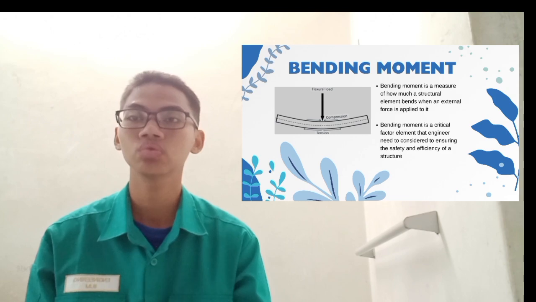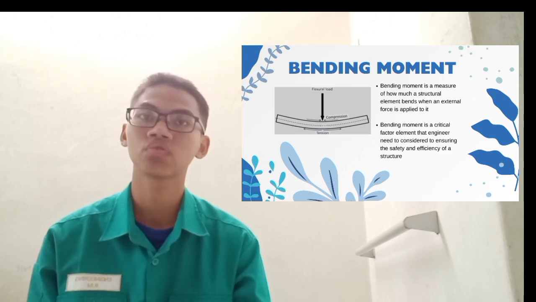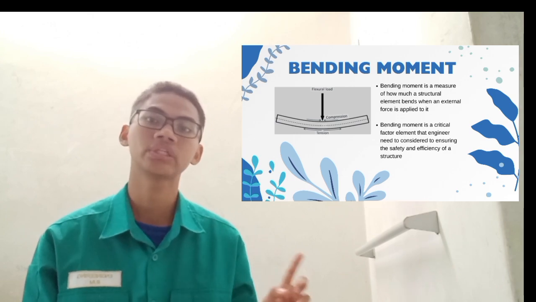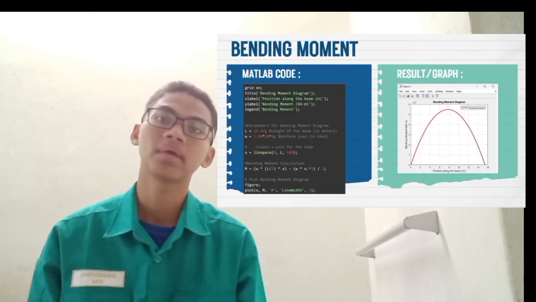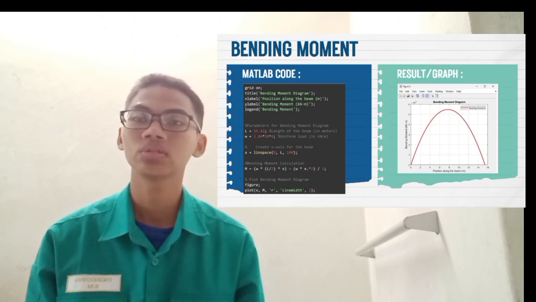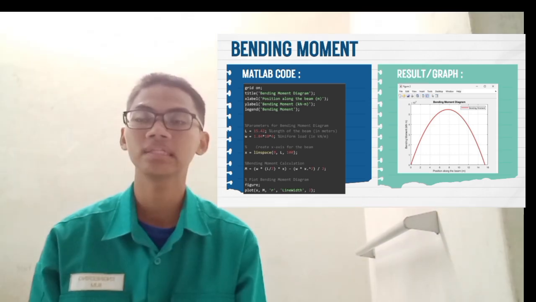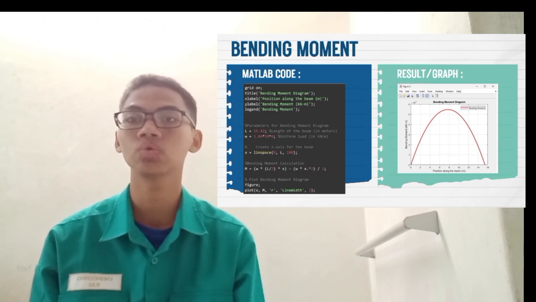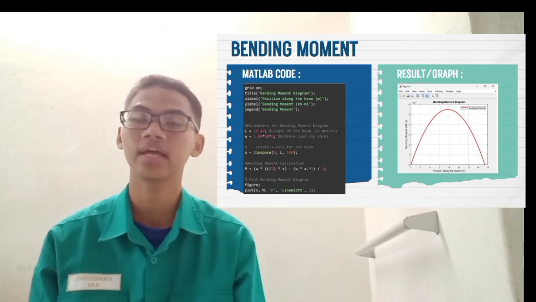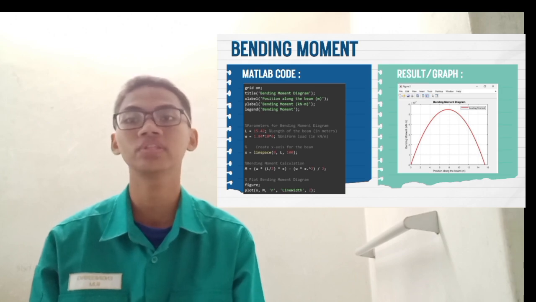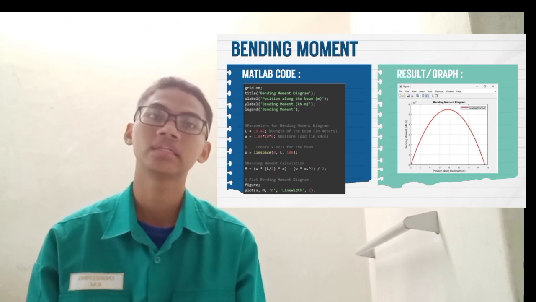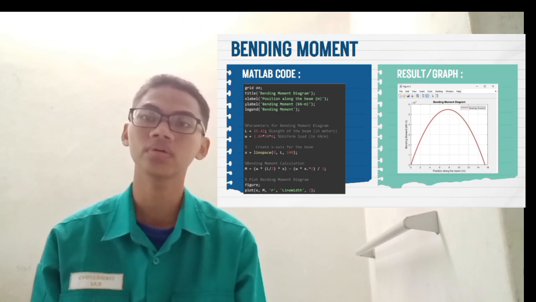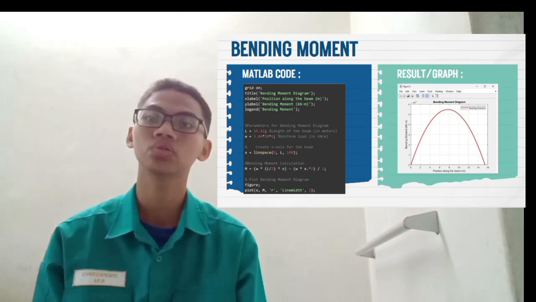Currently we use the software called MATLAB to calculate the bending moment. Here you can see the MATLAB code, where the length of the beam is 15.42 meters, and W is the uniform distributed load that had been calculated by our previous presenter, 1.84 times 10 to the power of 6 kilonewton per meter.